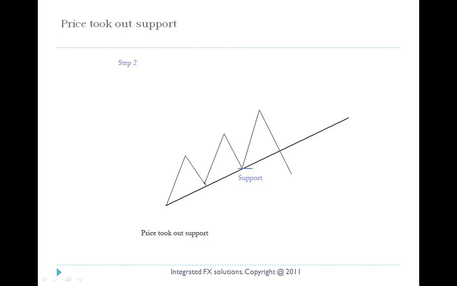That means price dipped below the previous support. At this point, a good trader will know that most likely the trend is changing because the support has been taken out. While the support is taken out, the bullish sequence has been violated.